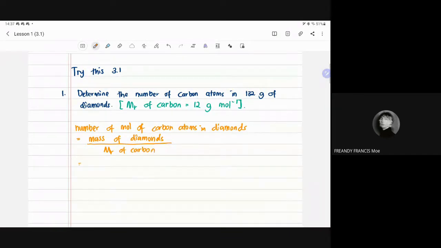Jadi, mass of diamond here is 132 grams. Mass ni, dia punya simbol adalah ni M over MR. Okay. Ini adalah simbol untuk mass, M. Divide by 12. And you will get 132 divided by 12, you should get 11. Okay, 11 mole.